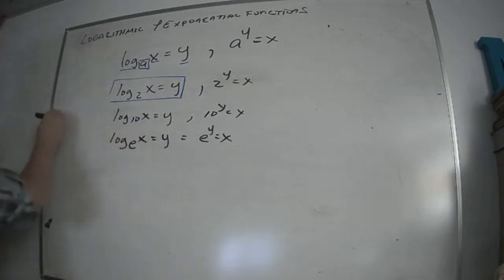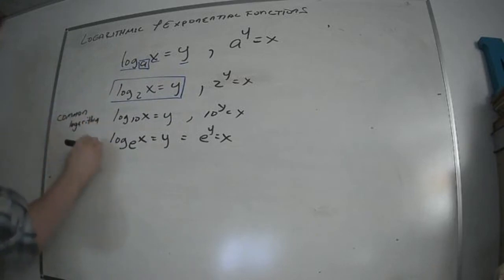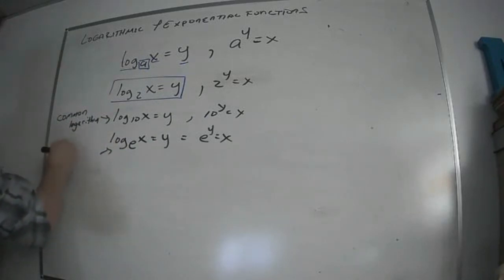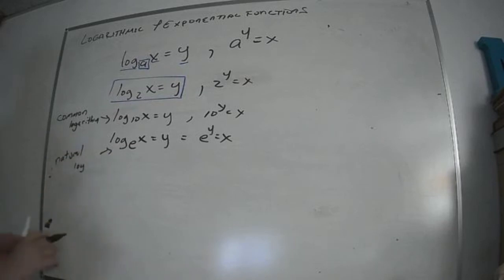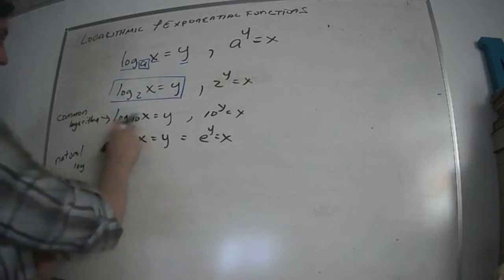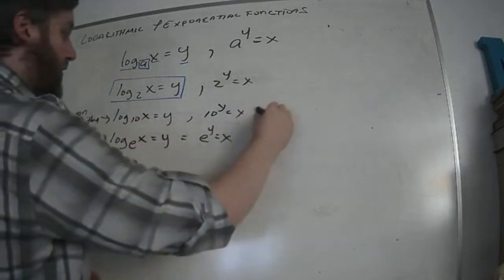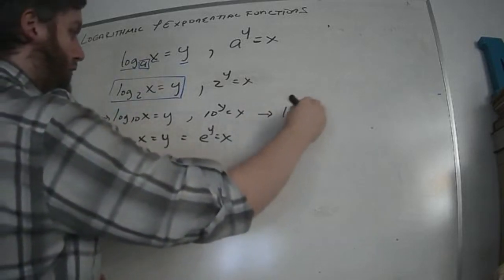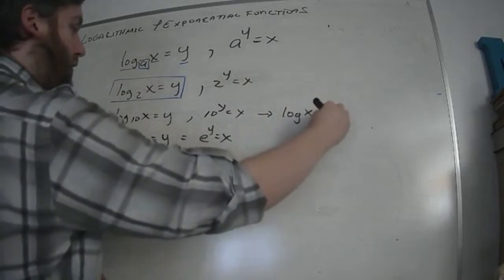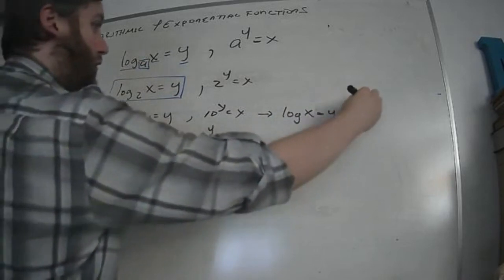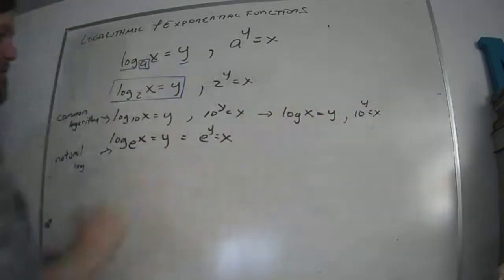This is called the common logarithm, and this is the natural logarithm. So these both have special notations, and by special I mean this one will just be written without the subscript.